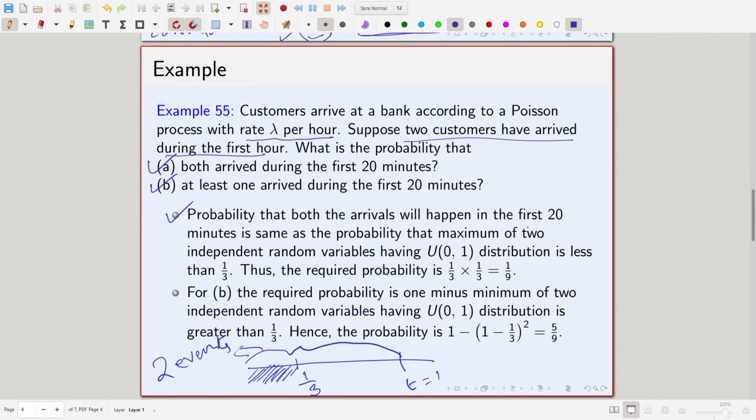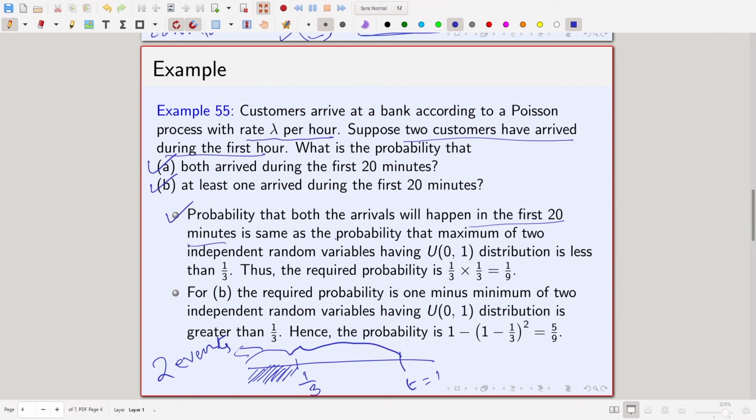Now, the probability that both the arrivals will happen in the first 20 minutes.